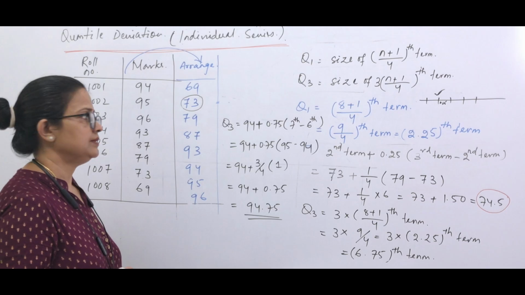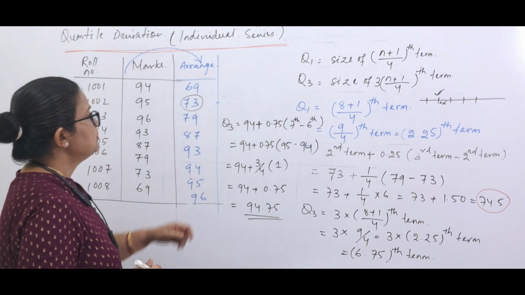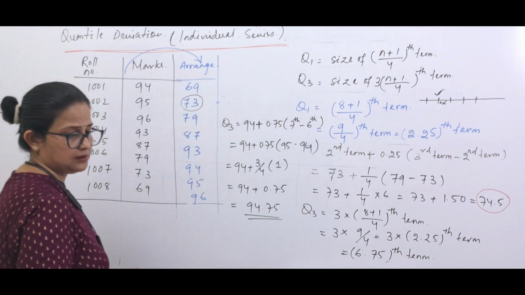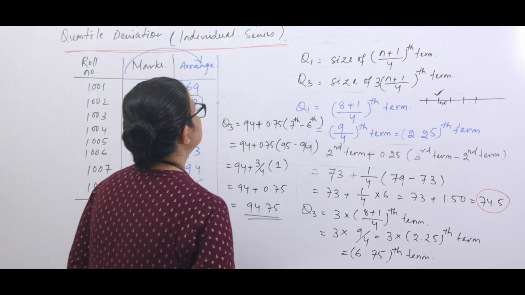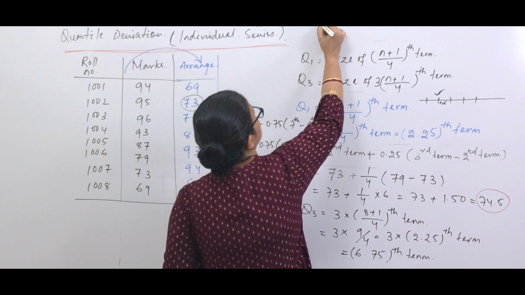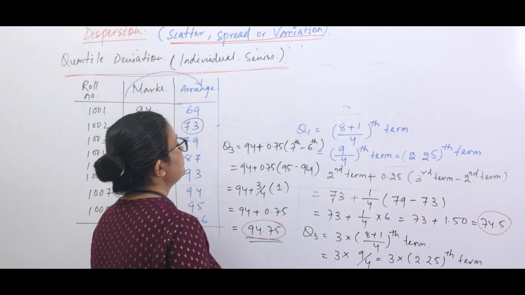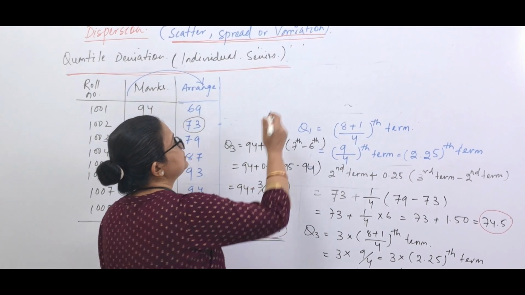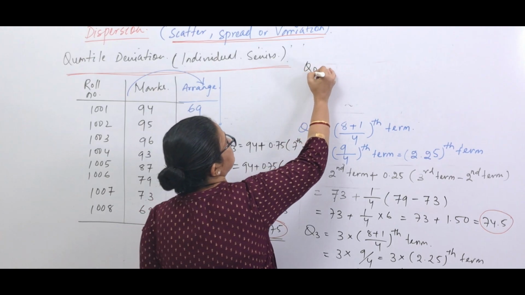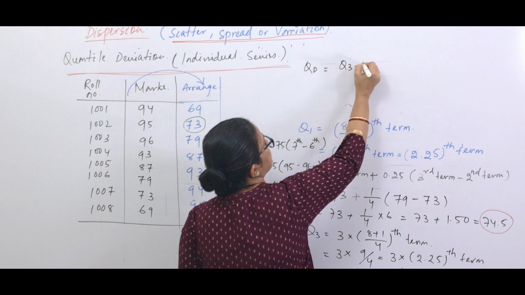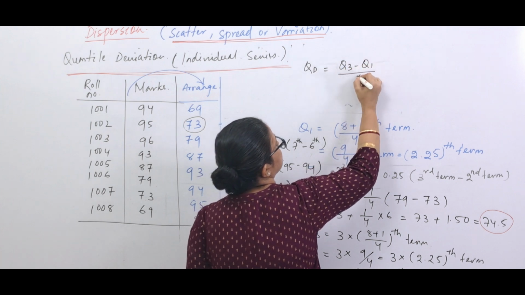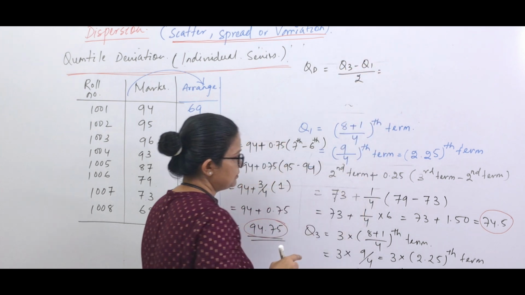That is good. So how are we going to calculate the quartile deviation, QD? To calculate the quartile deviation, QD is equal to Q3 minus Q1 divided by 2. What is Q3?